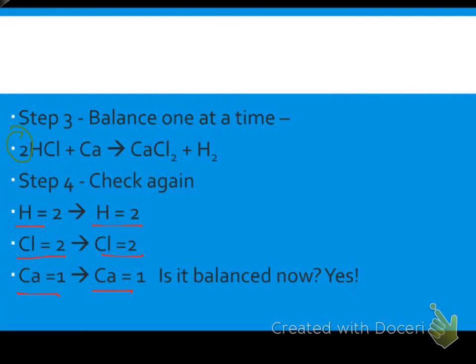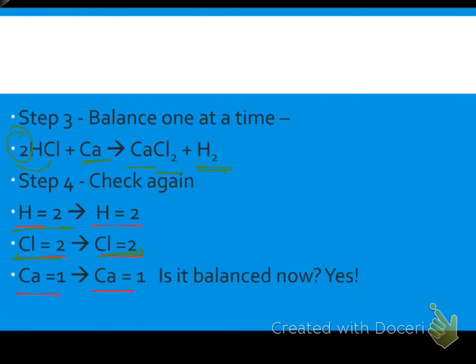And so that gives us 2 hydrogen on the left side. We don't do anything to this side. There's already 2 hydrogen there. Then that gave us 2 chloride. So now we have 2 on this side. There's still 2 there. And we didn't mess with the calcium, so that's still 1 and 1. Is it balanced now? Yes.